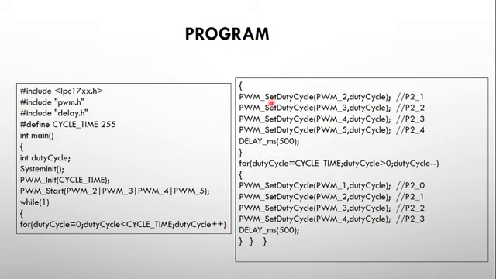Once again, after reaching the maximum, we check whether the maximum is reached with duty cycle equal to cycle time, and we reduce the brightness of the LED using duty cycle minus minus. This keeps going in an infinite loop, and we can increase and decrease the brightness by varying the width of the pulses between 0 and 255.